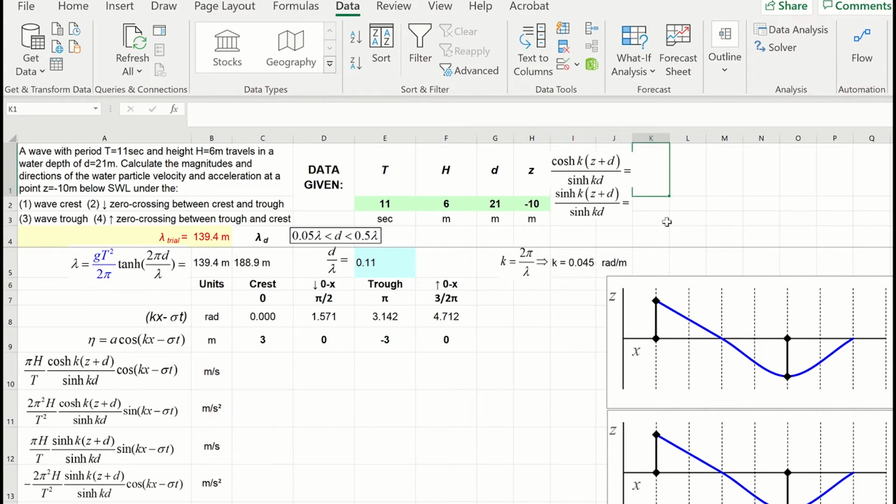Therefore, now I can calculate my hyperbolic cosine divided by hyperbolic sine.